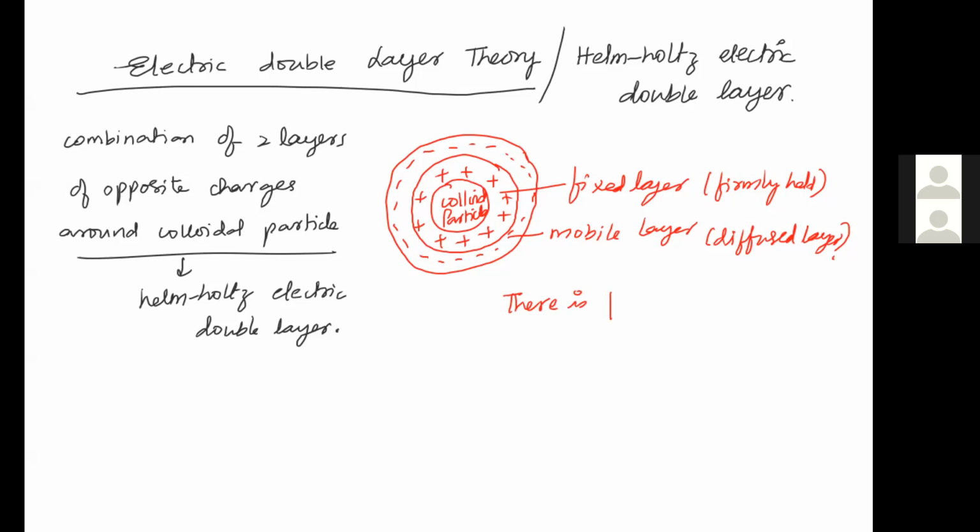Okay, I'm repeating. There is a potential difference between two oppositely charged layers, and this potential difference is called zeta potential.